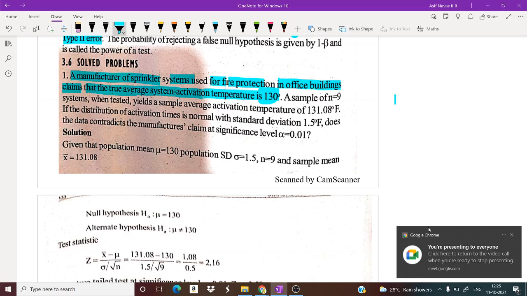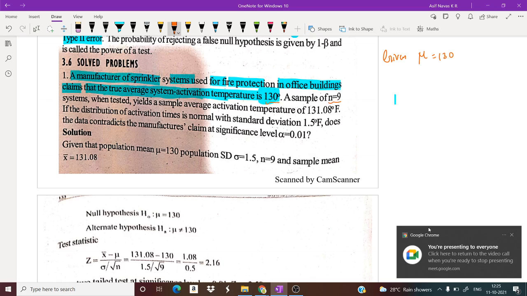It claims that the true average system activation temperature is 130. So given population mean mu equal to 130. This is given, right?